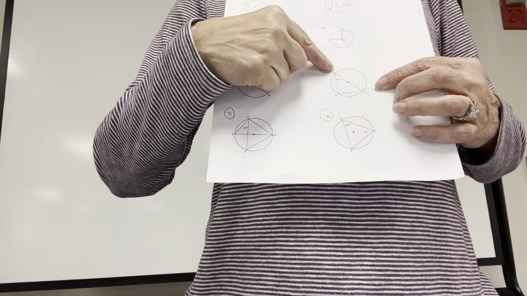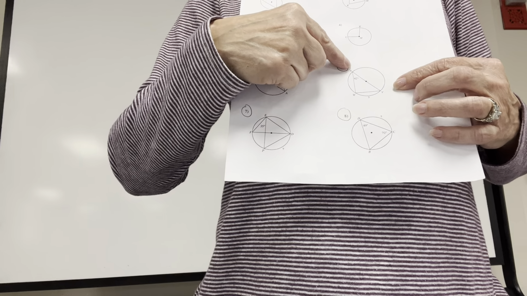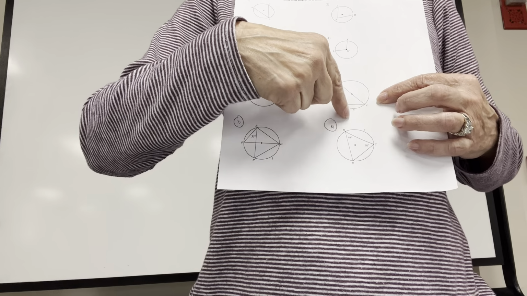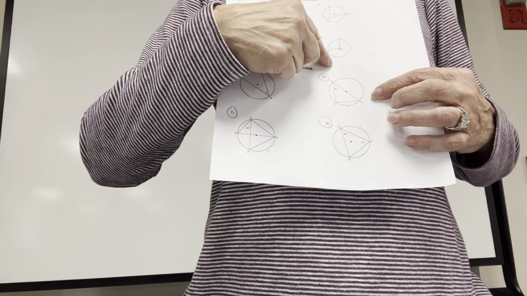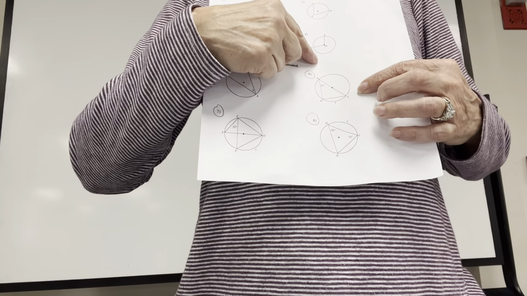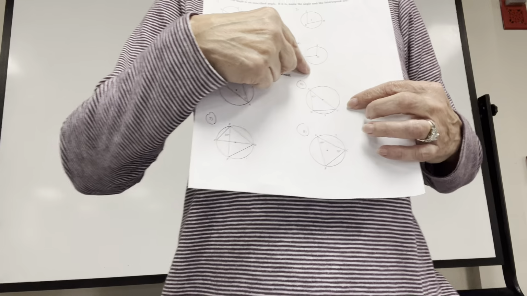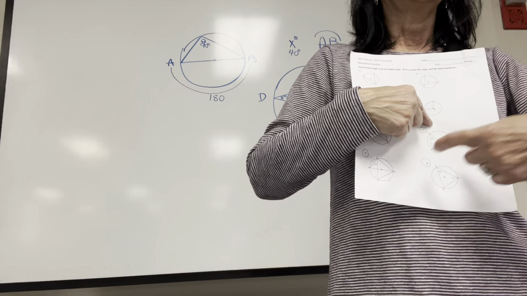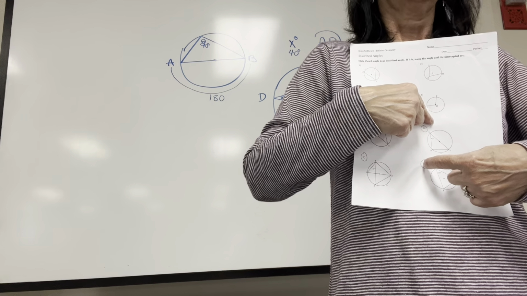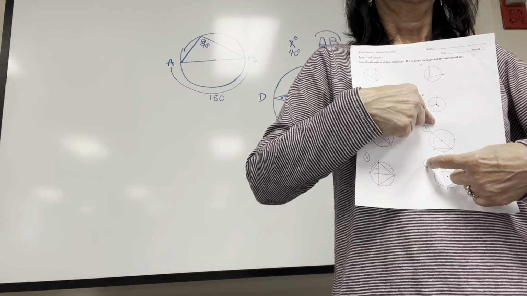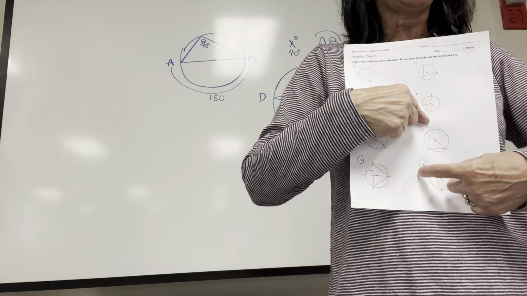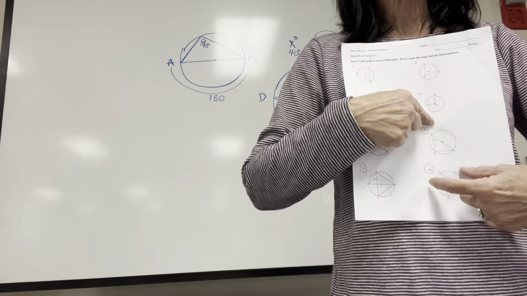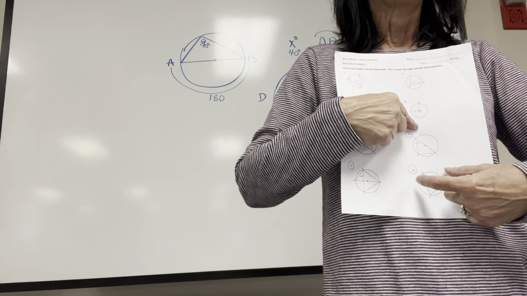What's the measure of angle WXV? It's 42. It's an inscribed angle. How do inscribed angles relate to their intercepted arcs? They're not equal. The angle is half the arc. So the arc is twice the angle. I'm very confused.